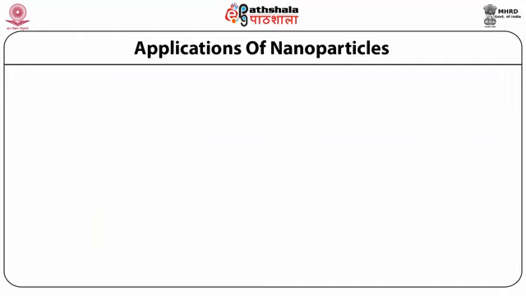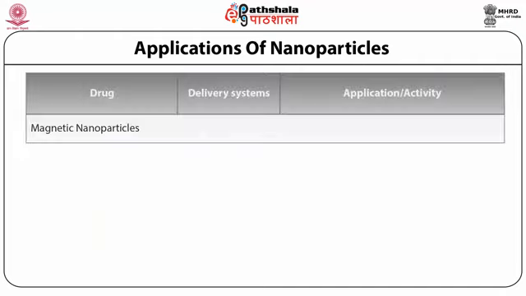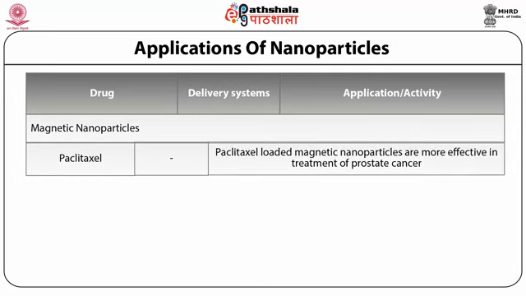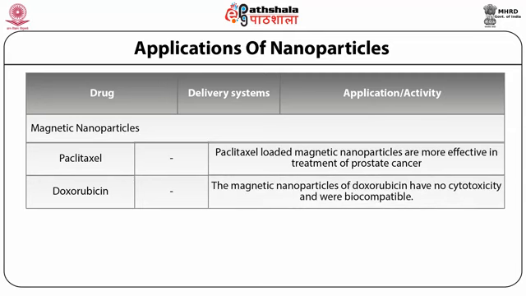Now there are a few examples about magnetic nanoparticles, like paclitaxel. Paclitaxel-loaded magnetic nanoparticles were found to be more effective in the treatment of prostate cancer. Then doxorubicin is also designed in the form of magnetic nanoparticles, and they have very low or no cytotoxicity and were found to be more biocompatible.